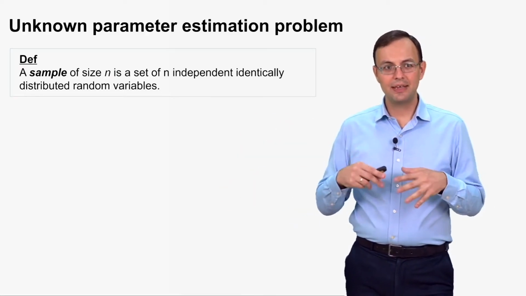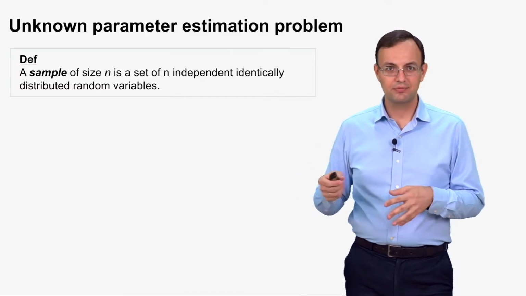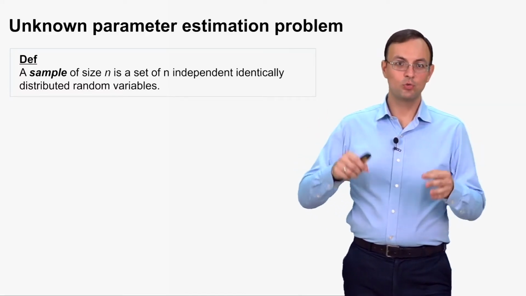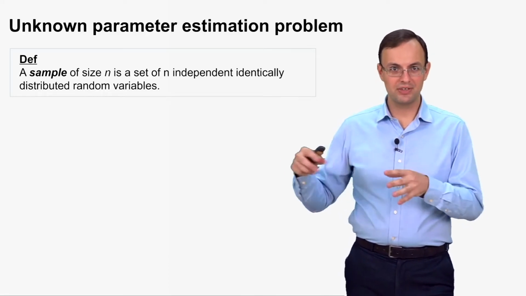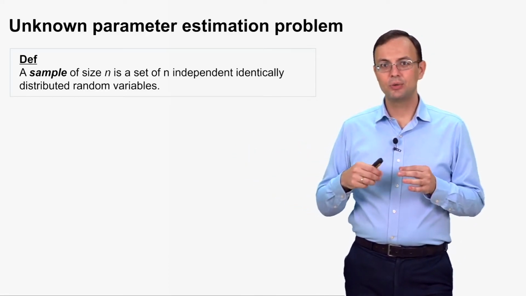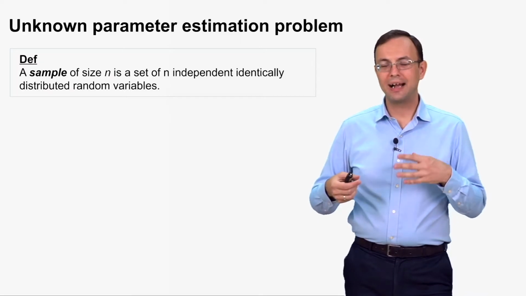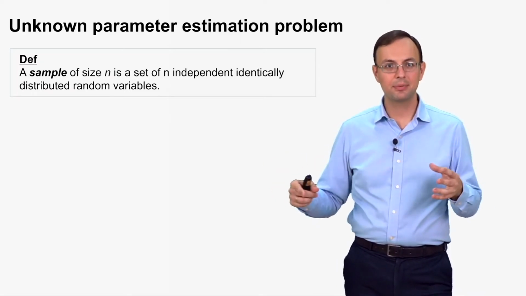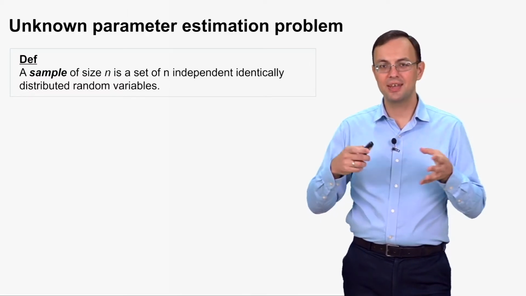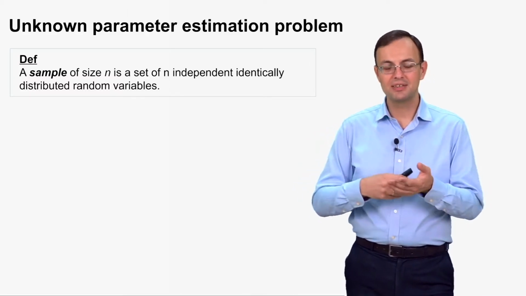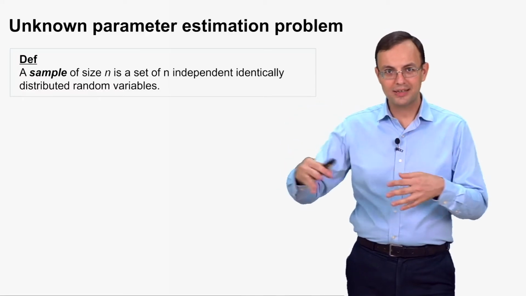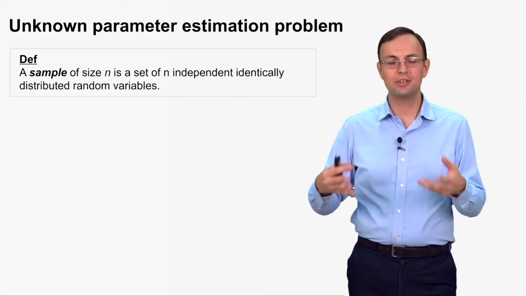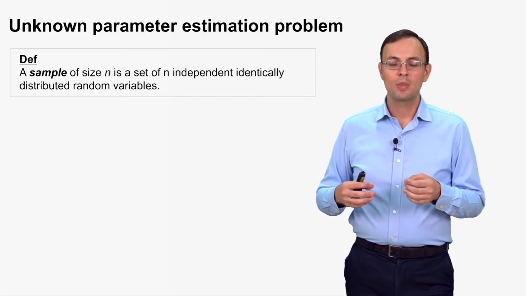And if I do this several times, for example, if I measure the heights of the first 20 people I meet, I can say that these are 20 independent random variables. So x1 is the height of the first person I meet, x2 is the height of the second one, and so on. So I have 20 independent, identically distributed random variables.